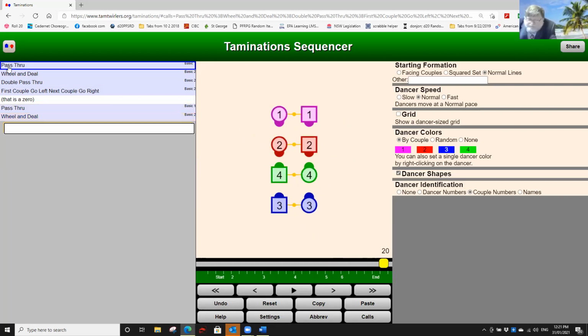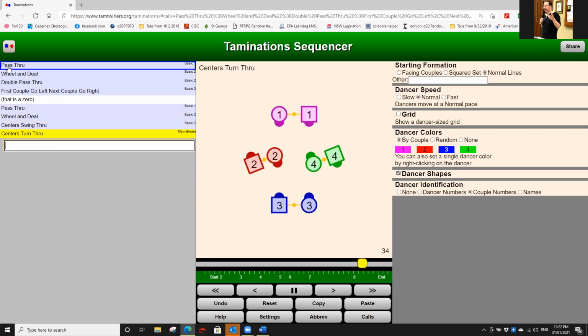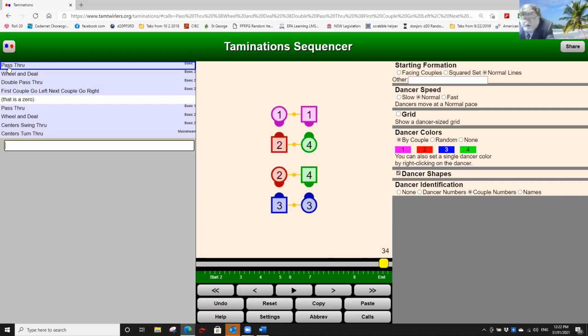This is what Bill Peters mentioned to me. Have you got to get out for the corner? Yeah. Let's do a swing through, turn through. Oh, well, when I first started dancing, that was like the classic get out. That got called all the time. Now back up 2 calls.